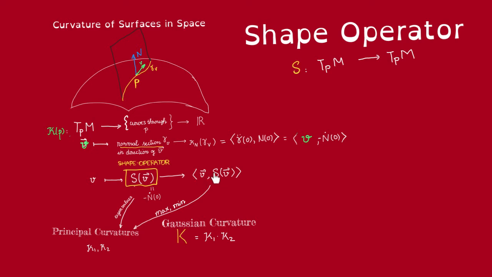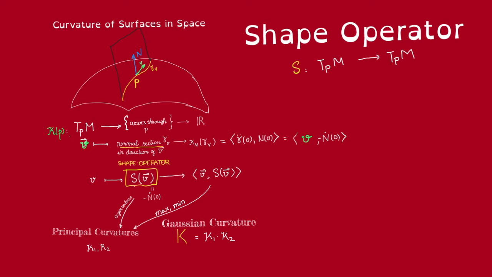We saw that, because this is just scalar projection, and scalar projection is max and min when the two vectors are in the same direction, these principal curvatures are just going to be eigenvalues of this shape operator. So that's how we define the shape operator in the case when M is a surface in space.